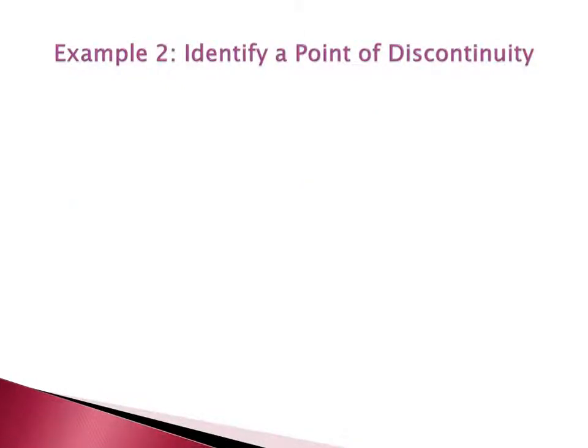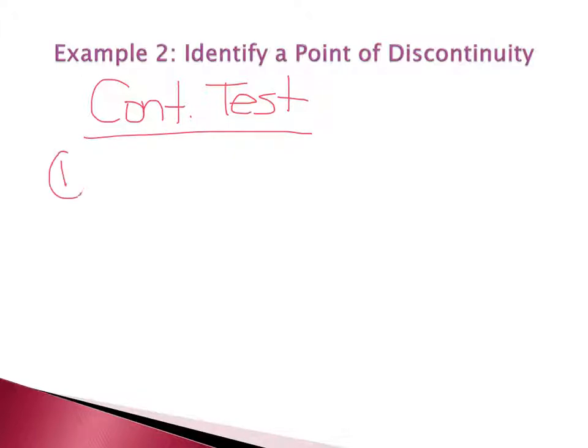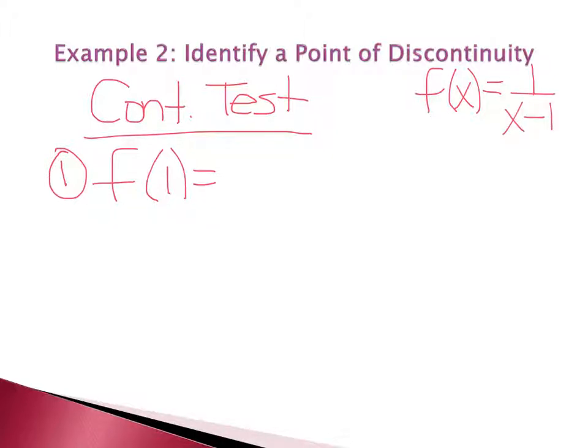So using the continuity test, first of all, the first step of the continuity test is to show that f of 1 exists. Again, our function was 1 over x minus 1.